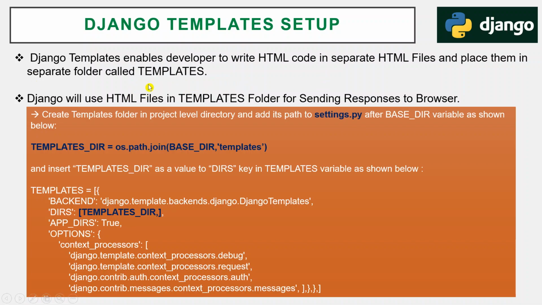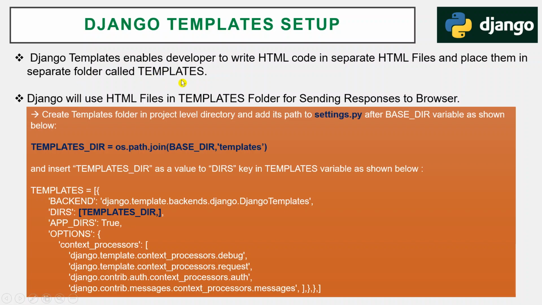The concept is this. So instead of writing all the code in the HTTP response method, which makes the code clumsy, cumbersome and ugly, rather than that, what we can do is we will write the HTML code in separate HTML files, and all the HTML files we need to place in a separate folder, right?